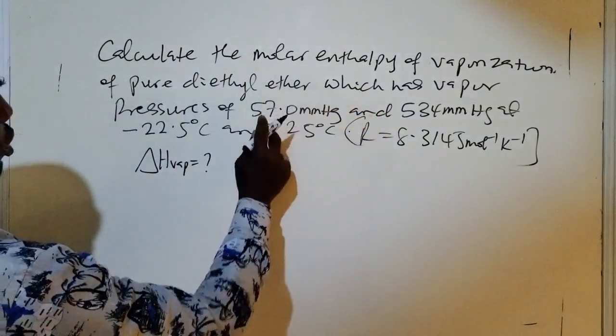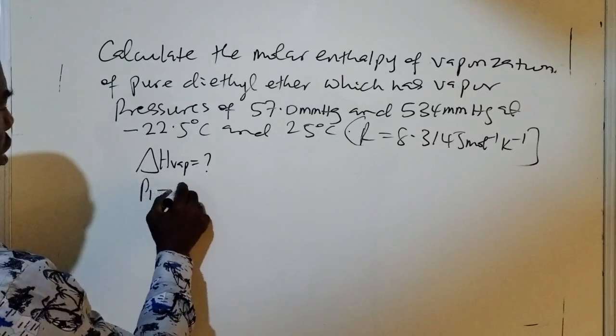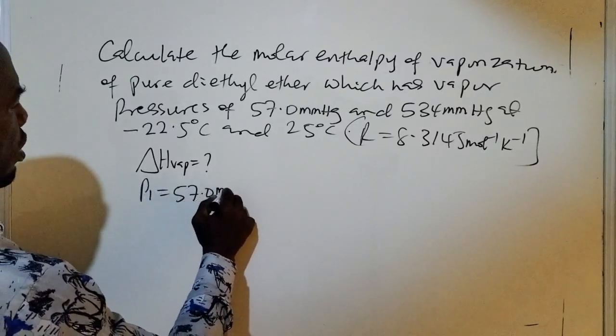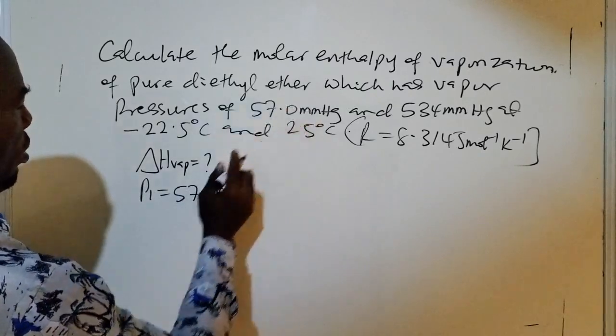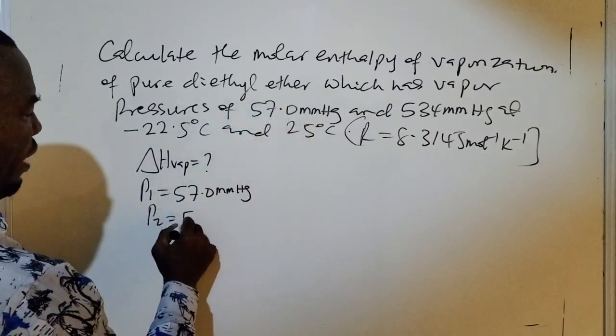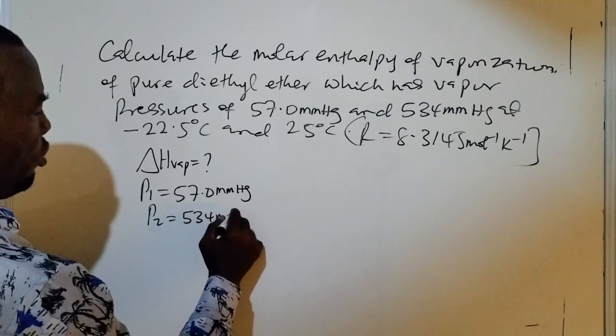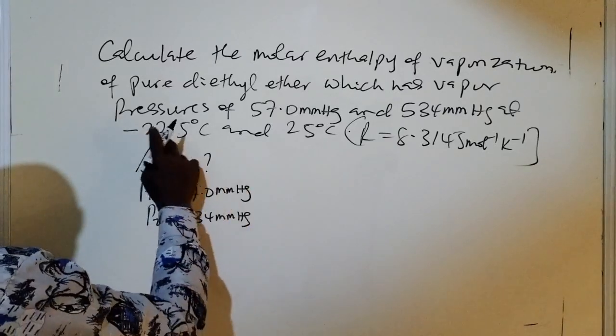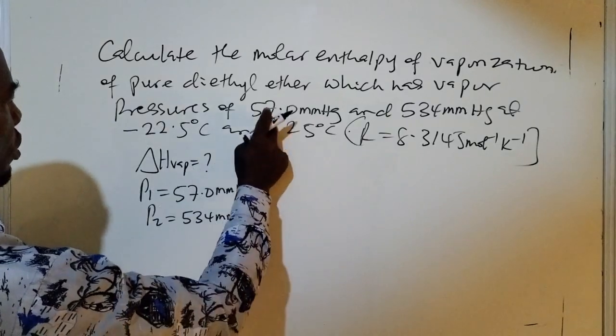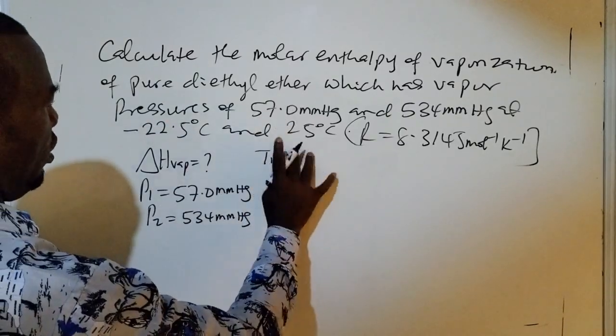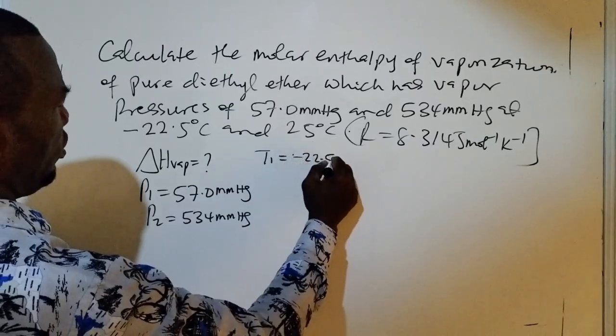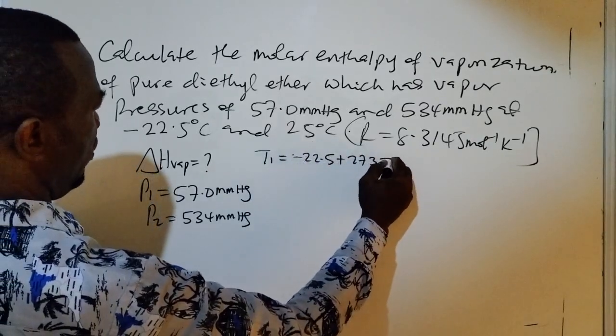So the first pressure P1 is 57.0 millimeter mercury. Second pressure P2 is 534 millimeter mercury. The corresponding temperatures: T1 is minus 22.5, add 273 to it and get it in Kelvin.